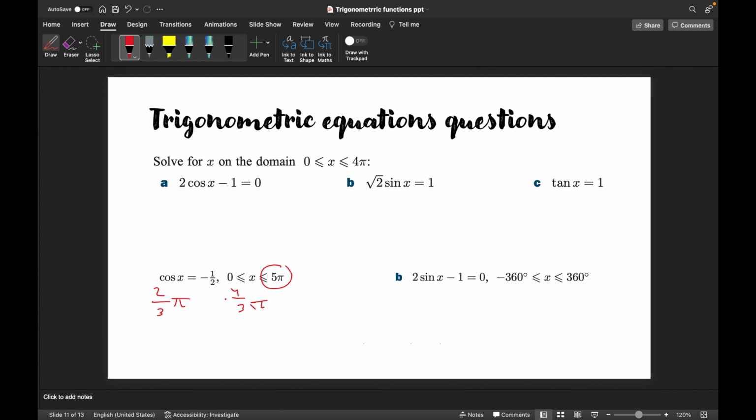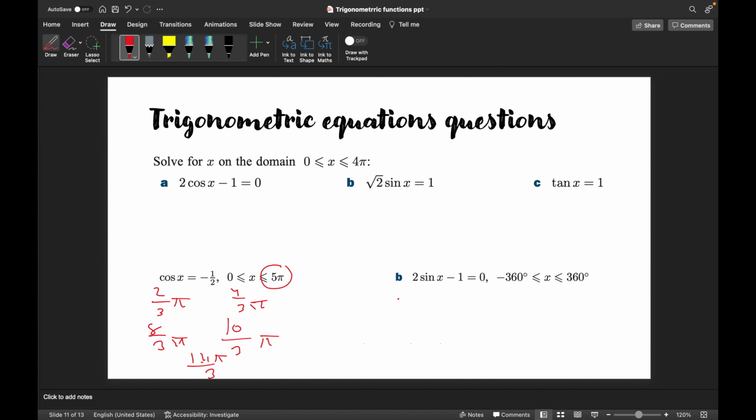And then we just got to add 2 pi to this, and it's going to be 8 by 3 pi, and 10 by 3 pi. And now let's try to add 2 pi to this. It's still in the range, so the final answer would be 14 pi by 3. This is the answer.